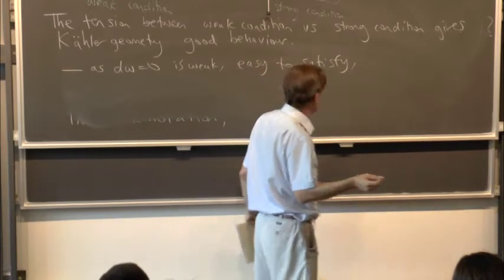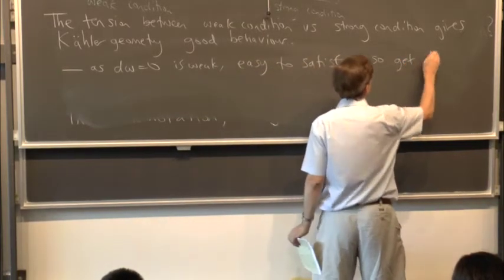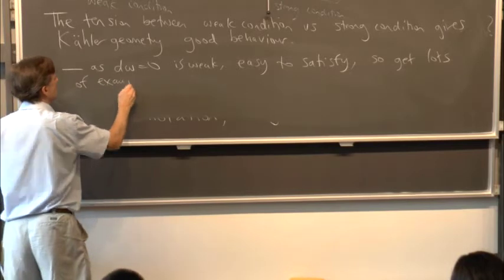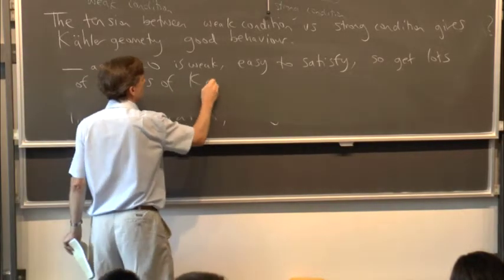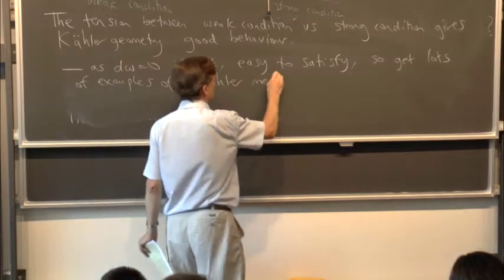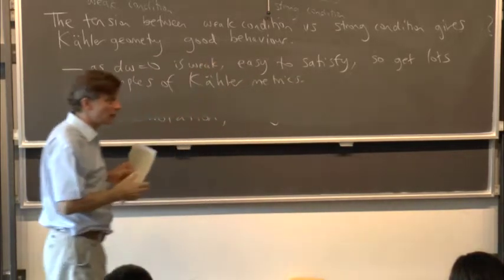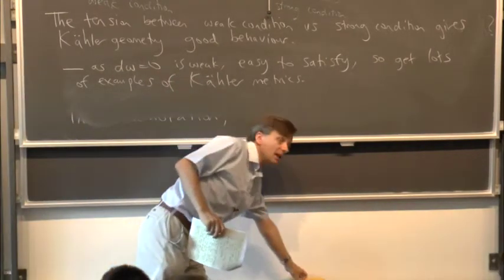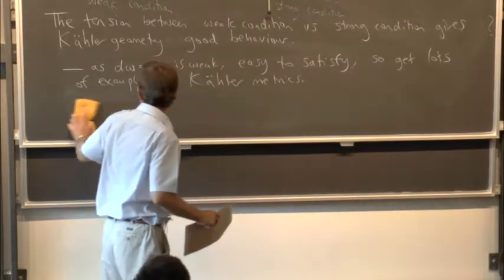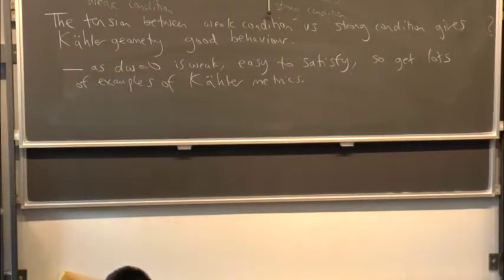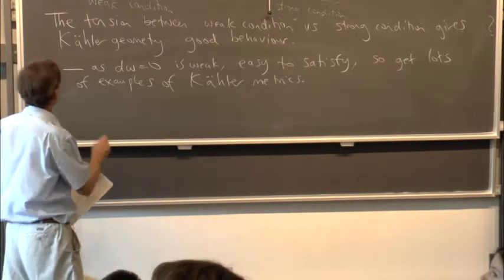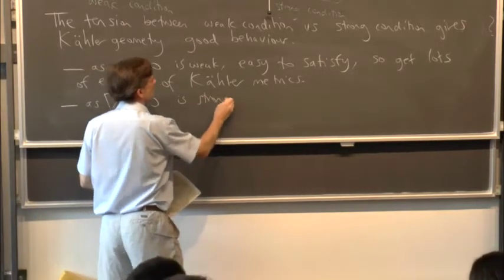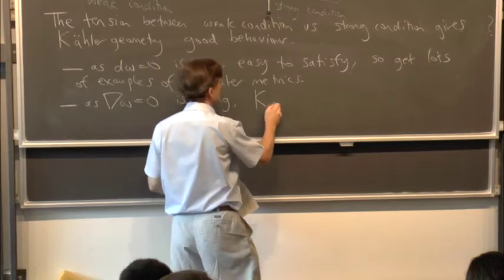And so you get lots of examples of Kähler metrics. As we'll see shortly, there are huge numbers of examples of interesting manifolds which admit Kähler metrics, and any one of these things has an infinite dimensional family of Kähler metrics on them. So there's loads and loads of examples of Kähler metrics, but on the other hand, as nabla omega is 0 is strong, then Kähler metrics have very good properties.